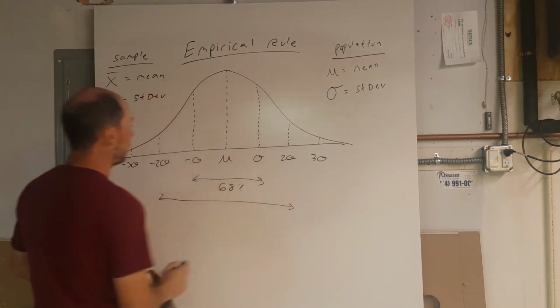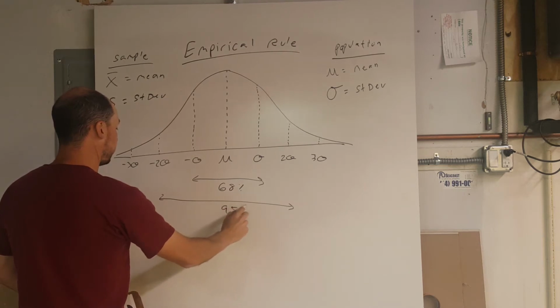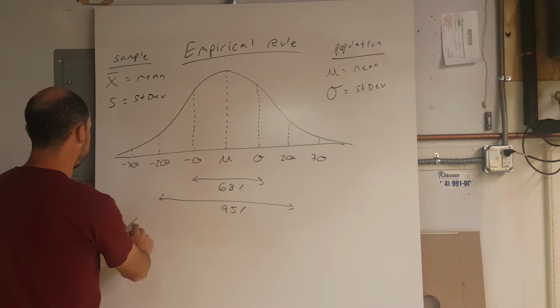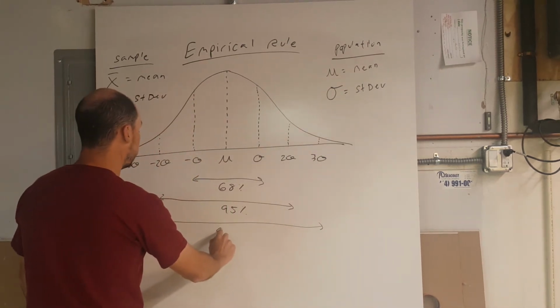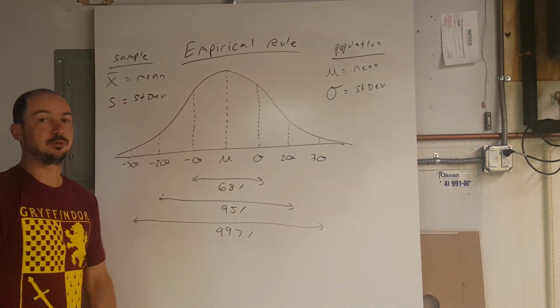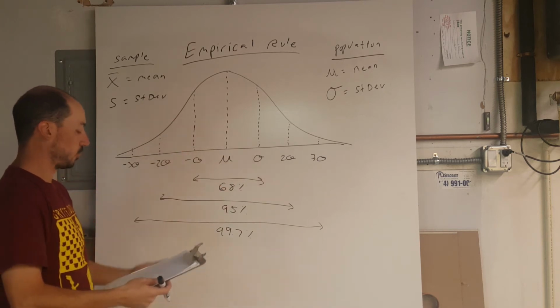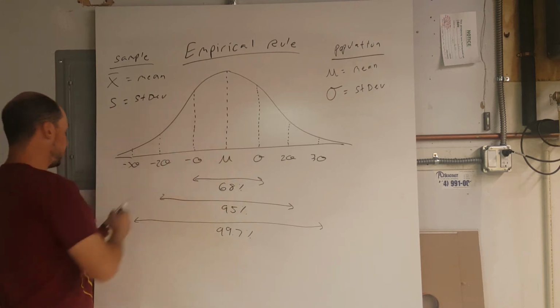Within 2 standard deviations, there's going to be 95% of the data. And within 3 standard deviations is almost all of it: 99.7% of all values should fall within 3 standard deviations of the mean if it's normally distributed.